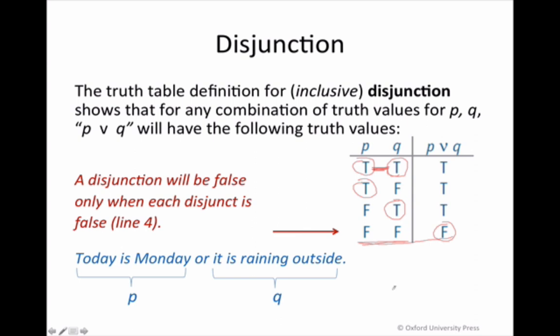So, for example, if I say today is Monday or it's raining outside, and I know today is Monday, that doesn't mean that it's not raining outside. In fact, both could be true. So if you're thinking about remembering the truth table, unlike the conjunction, which is true in one case only, the disjunction is false in one case only.